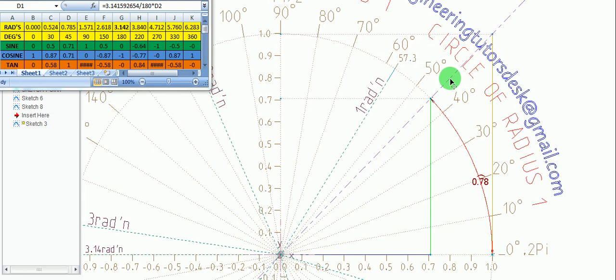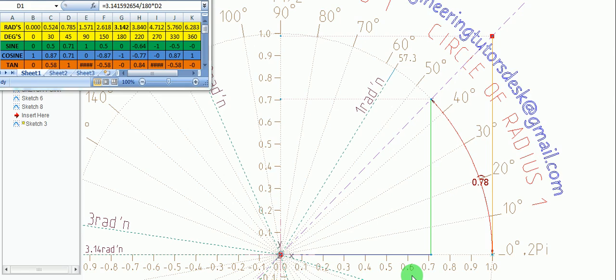At 45 degrees, try to measure the height of the sine, the length of the cosine and the height of the tan. The height of the tan is measured as 1. The height of the sine is measured as 0.7. The length of the cosine is also measured as 0.7.